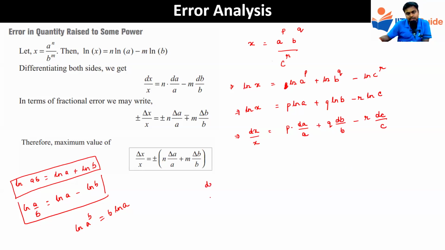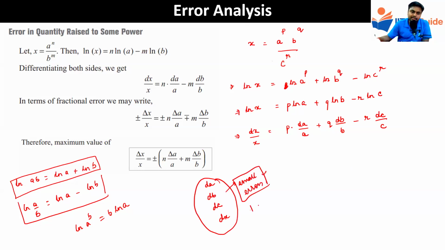Now dA, dB, dC and dx, keep it in mind, these are all small errors, not big errors. Small error means like up to 5 to 10%.